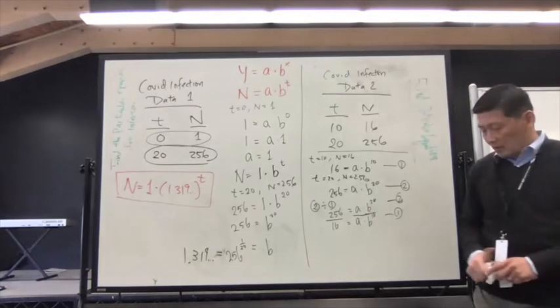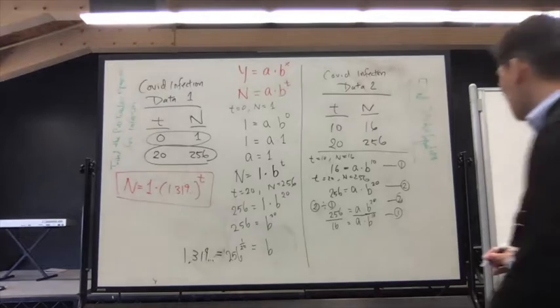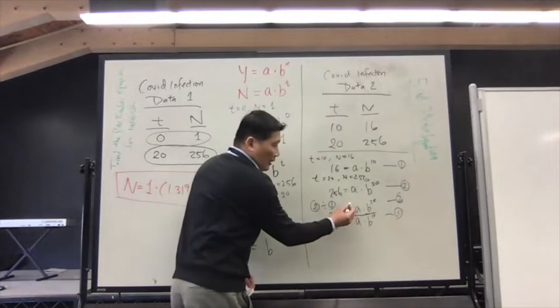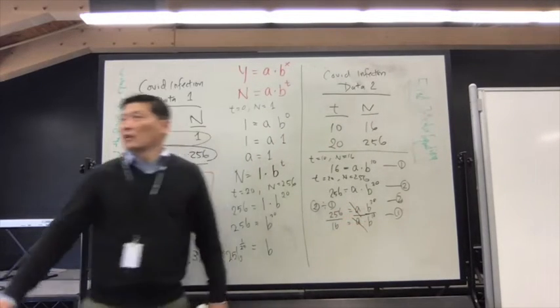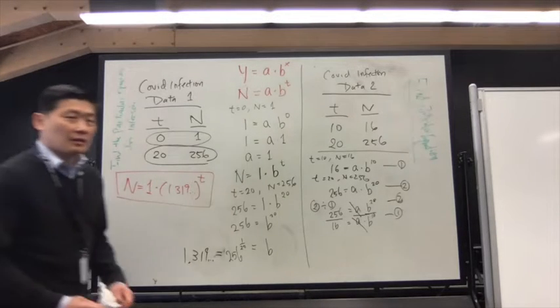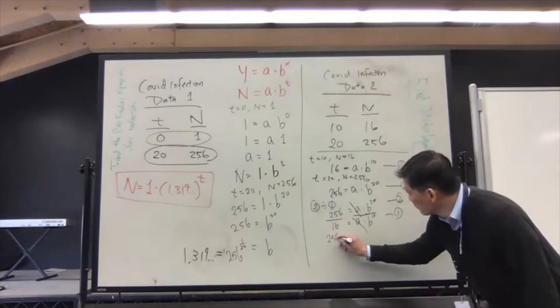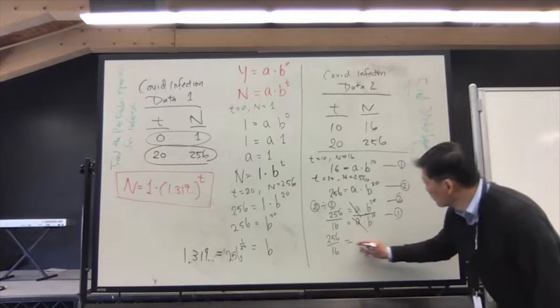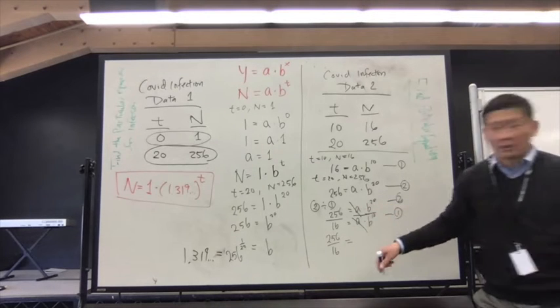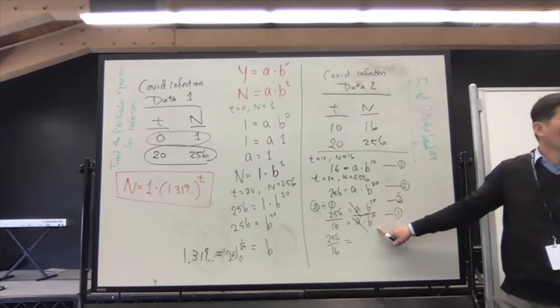When I divide this, a and a cancel out. Okay, take a look at this. 256 over 16 is equal to, now a is gone, we end up with b to the 20th power over b to the 10th power.